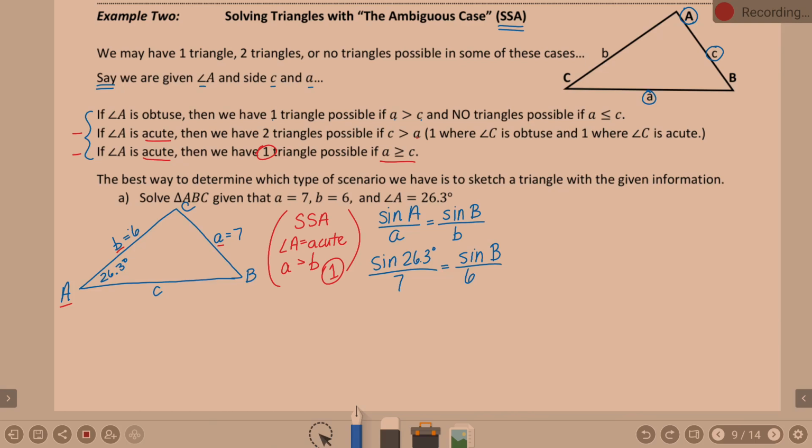I'm going to say 7 times sine of B is going to equal 6 times sine of 26.3 degrees. How do I solve for sine B? We're going to have to divide by 7, right? So right now I have sine B equals 6 times sine of 26.3 degrees divided by 7.